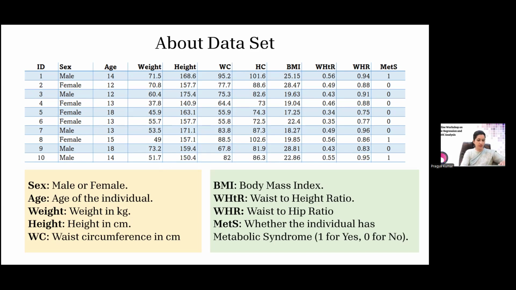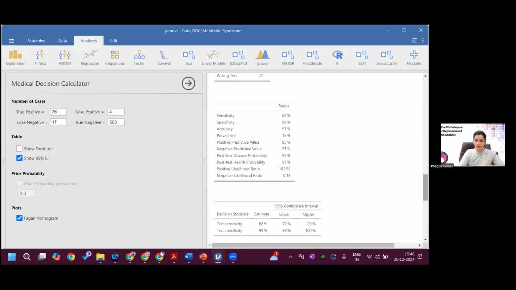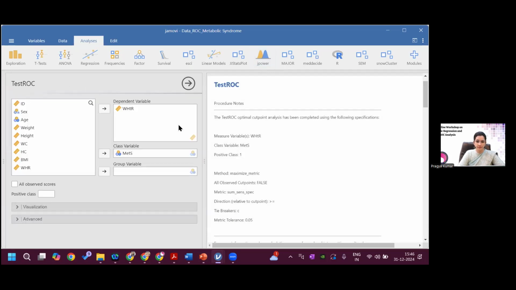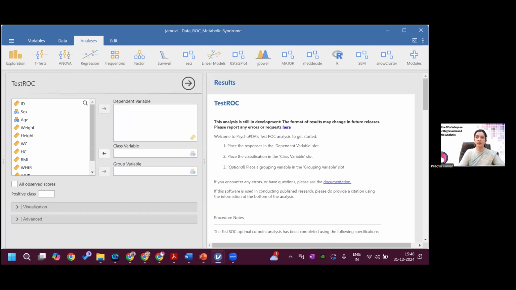So I'll go to the data set. For this, if you see the module, you have to install the PsychoPDA module.